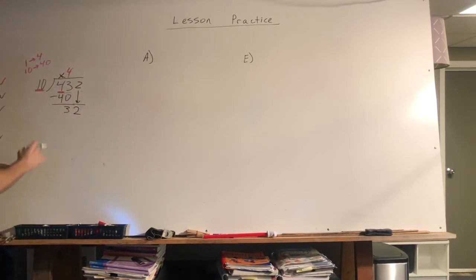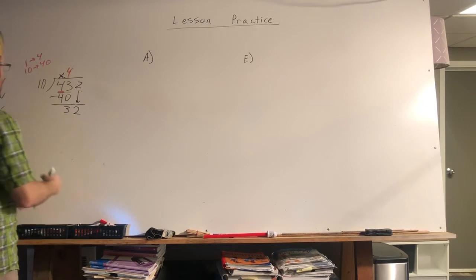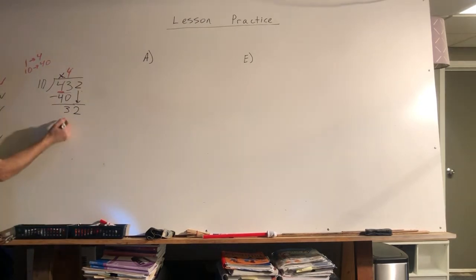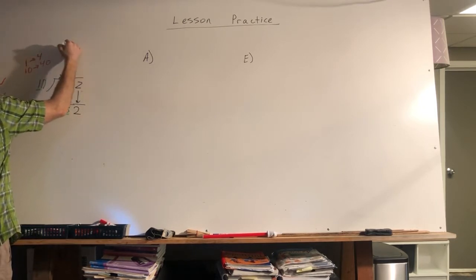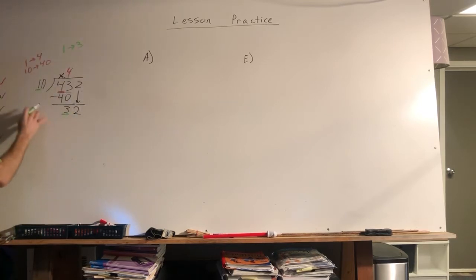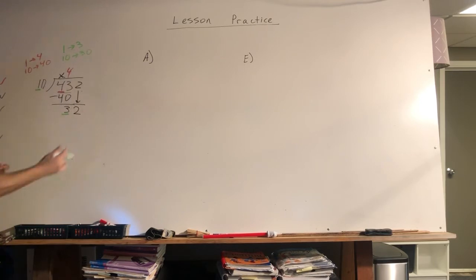Now we have, I'm going to use a different color here. Does 10 go into 32? Yes, it does, but some of us can think about it like this. How many times does 1 go into 3, which is really the same as 10 into 30?